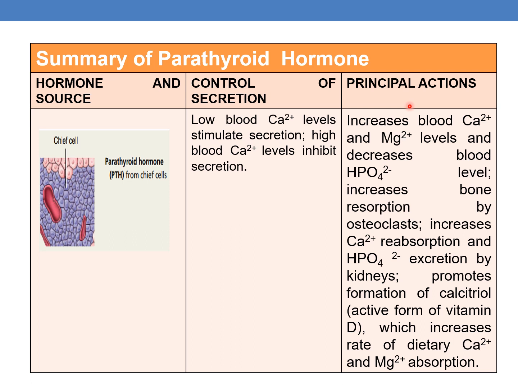Coming to the principal actions, it increases blood calcium and magnesium levels and decreases the blood phosphate level. It increases bone resorption by osteoclasts, increases calcium reabsorption and phosphate excretion by the kidneys, and promotes the formation of calcitriol, the active form of vitamin D, which increases the rate of dietary calcium and magnesium absorption. These are the various principal actions of parathyroid hormone.